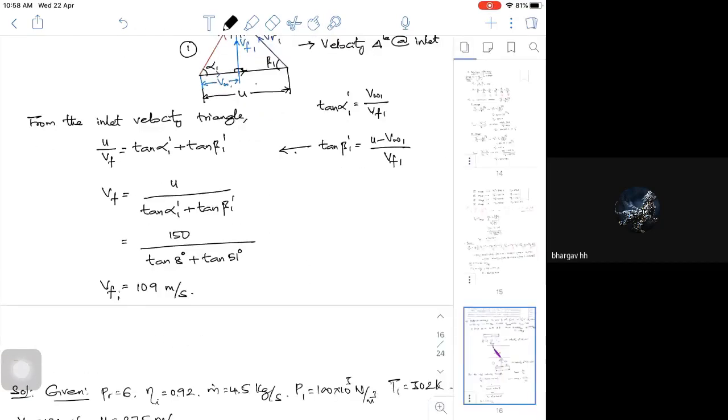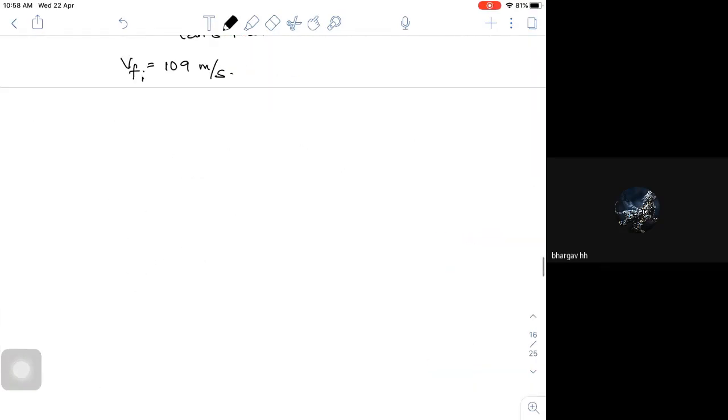Now, the first thing is to find the mass flow rate. I will take another three or four minutes to complete this problem. Mass flow rate is given by rho into area, that is pi into d into B1, into VF.